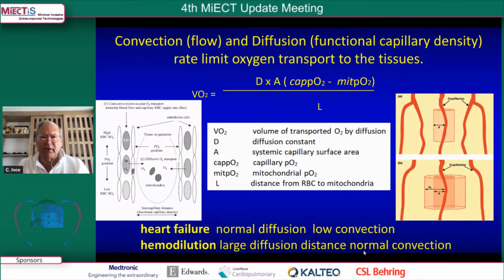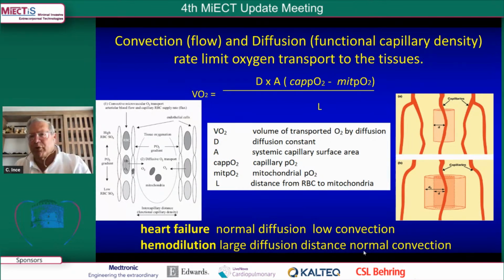And when one does so, one must also be aware of what the two important determinants of tissue perfusion are. On the one side, convection, which is the number of red blood cells which enter a field of view. All of resuscitation medicine is based on promoting that by chasing cardiac output or manipulating blood pressure.